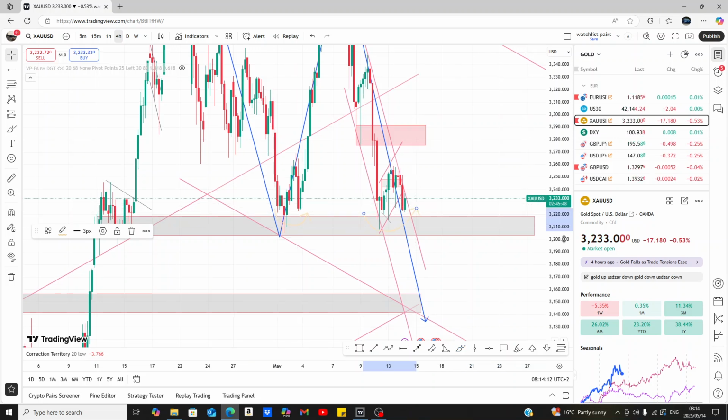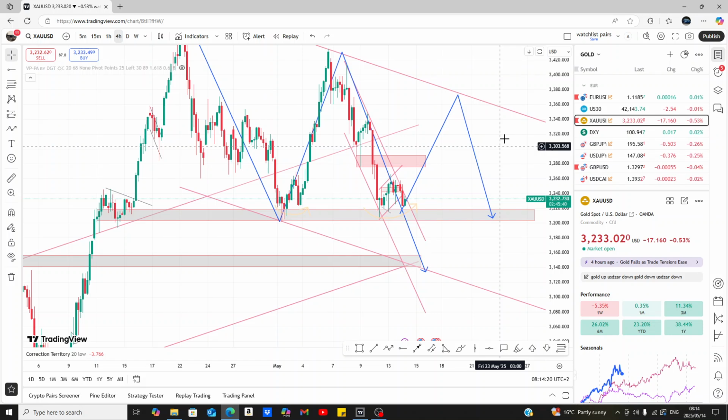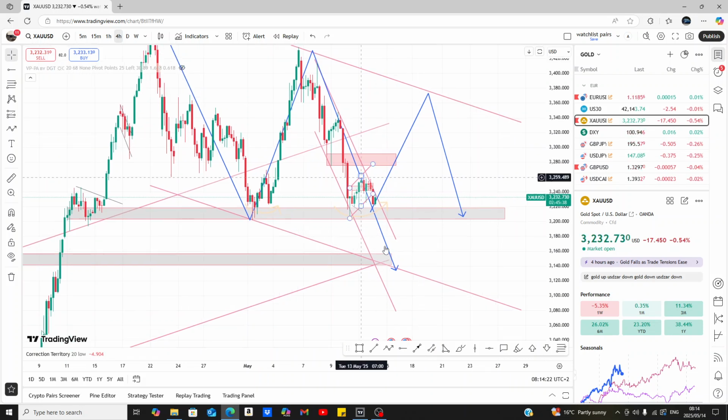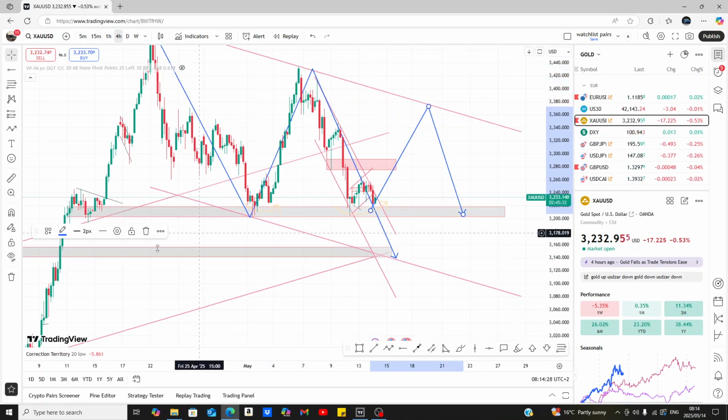So one of the options that we could see is that price kind of uses it as a bounce, thus forming a wedge type of correction structure, or price could break down to the downside, giving us the lower low and thus completing our downtrend.